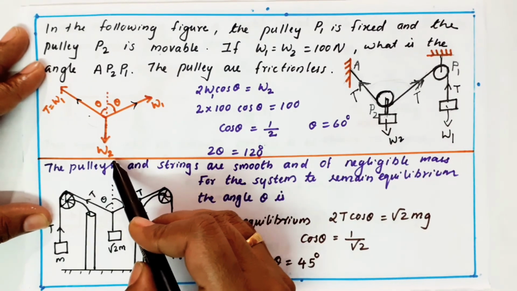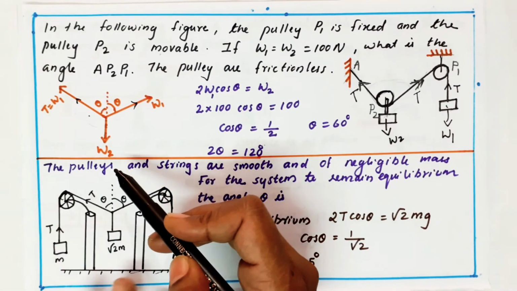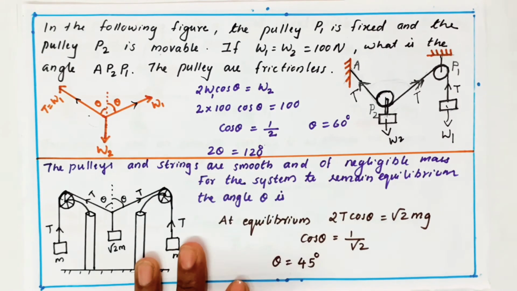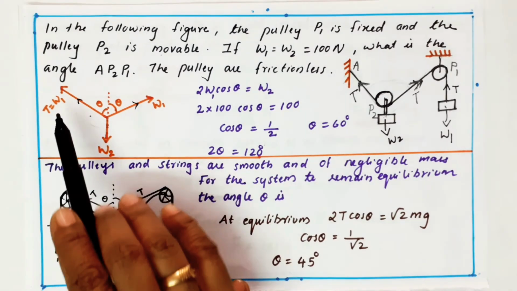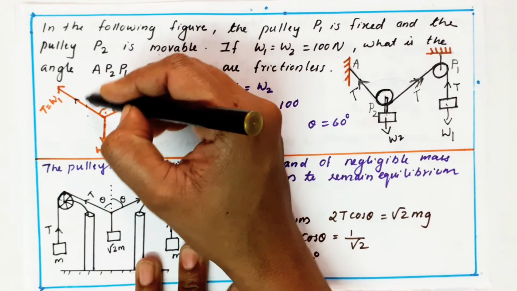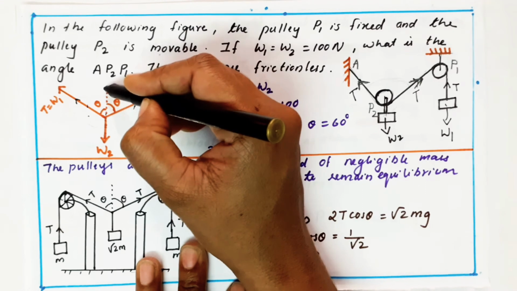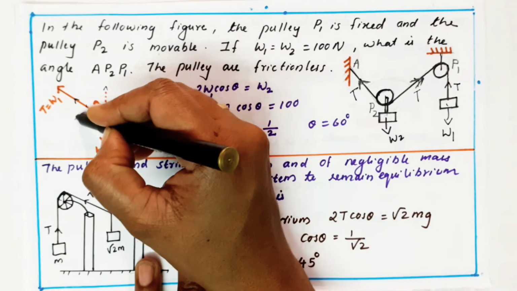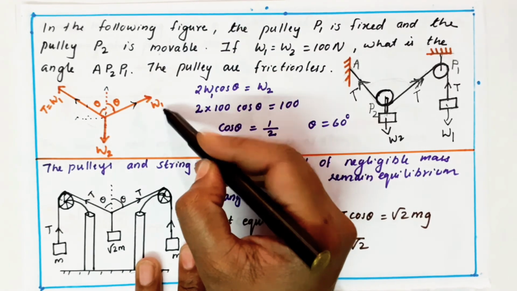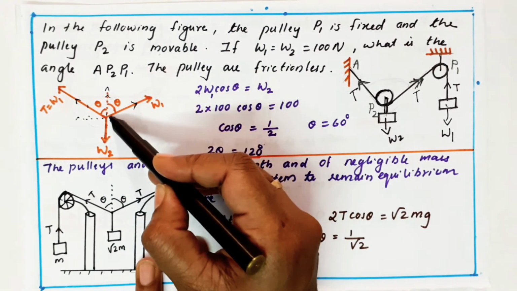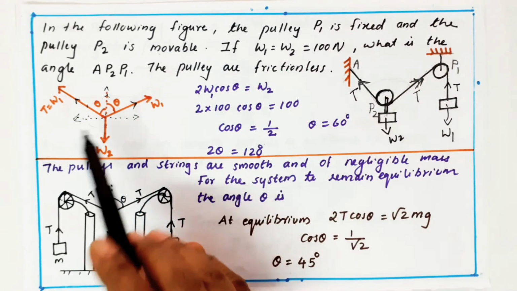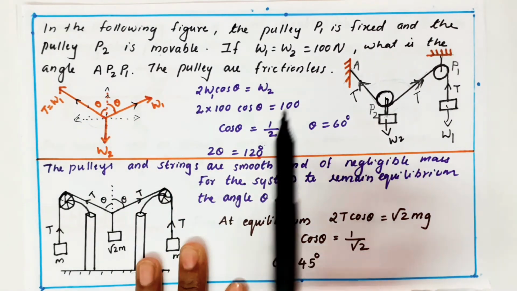The weight is W2. Now you know that in this case there is no opposite component for your W2. So we are resolving this W1 into two components: W1 cos theta and W1 sin theta. This W1 also has W1 cos theta and W1 sin theta. If you see the diagram, the sin thetas are oppositely directed, so they get cancelled.